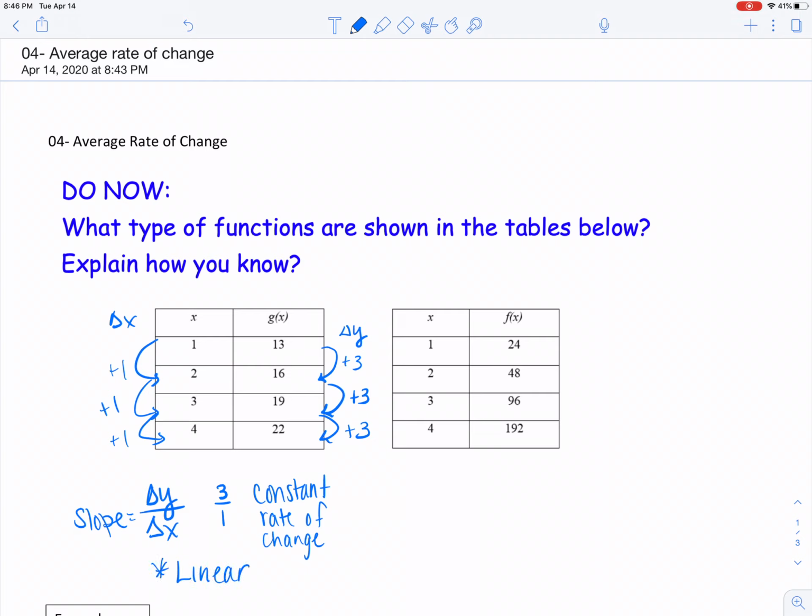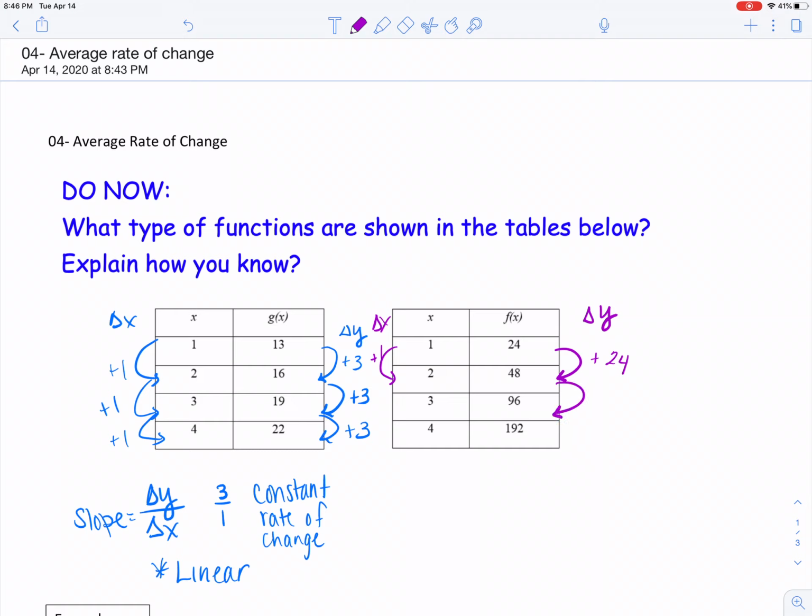In the second table, if I first look at the change in y, I would see from 24 to 48, it goes up by 24, when the x goes up by 1. Now, when I go from 48 to 96, does it still go up by 24?